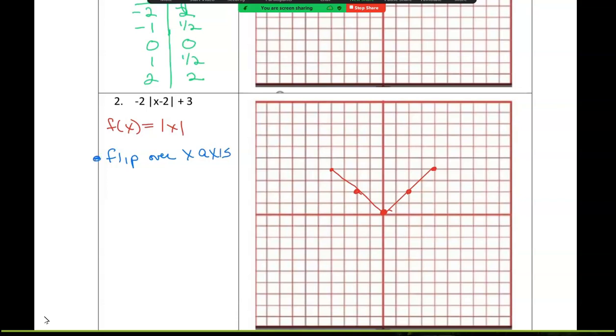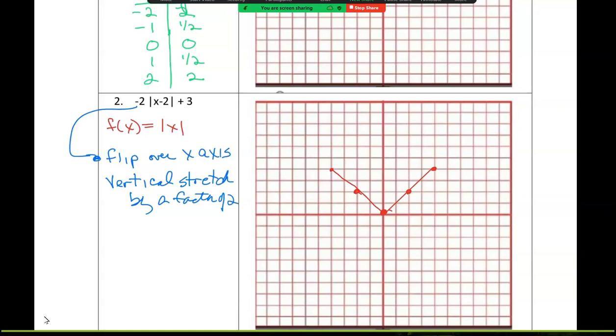Okay, that's the first change right there, the negative in front. Then you have a 2. The 2 is a vertical stretch by a factor of 2. Okay, that's the second change.